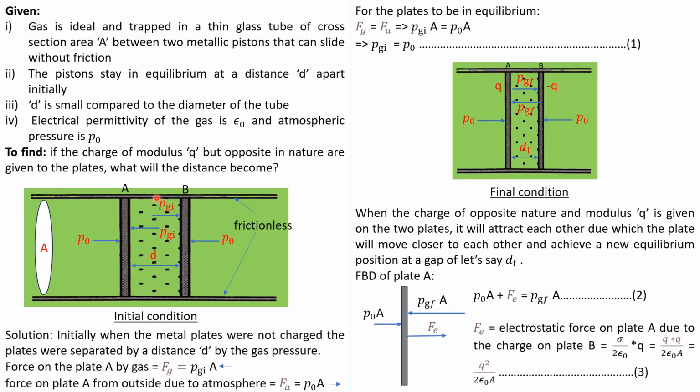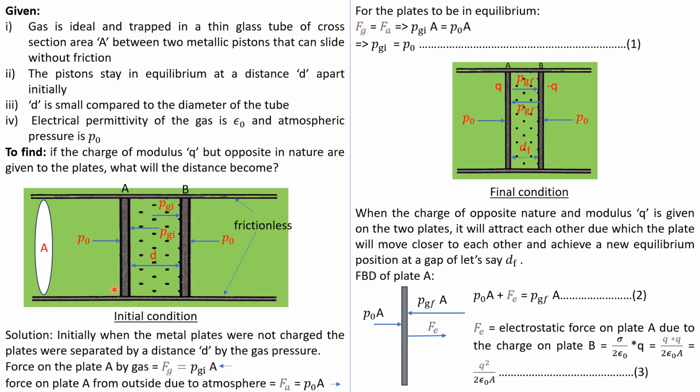We have notated it as initial condition, PGI is the pressure of the gas inside the pistons A and B. So how much force will this gas act on piston A? That we can write as PGI into cross section area, and since this pressure will be acting towards the wall of the piston, it will be in the left direction. That is what has been shown as an arrow here.